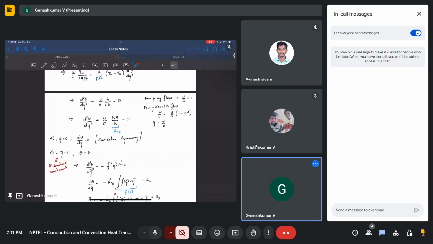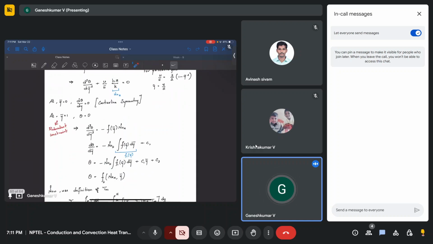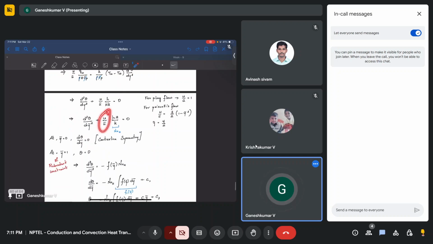Now this is just an ODE, which you can solve analytically. Here we have u by u bar, so we need to know the velocity profile in order to solve this equation. That is something we already know from our fluid dynamics class. For Poiseuille flow, this is how our velocity profile varies, and for plug flow, which means there is no development of boundary layer, or it is very small, you can simply say u by u bar is 1.